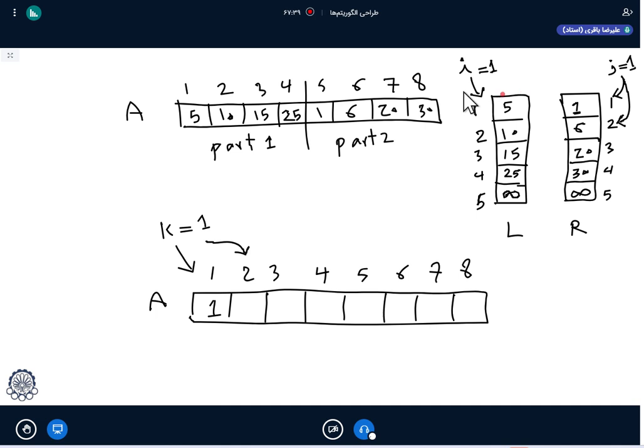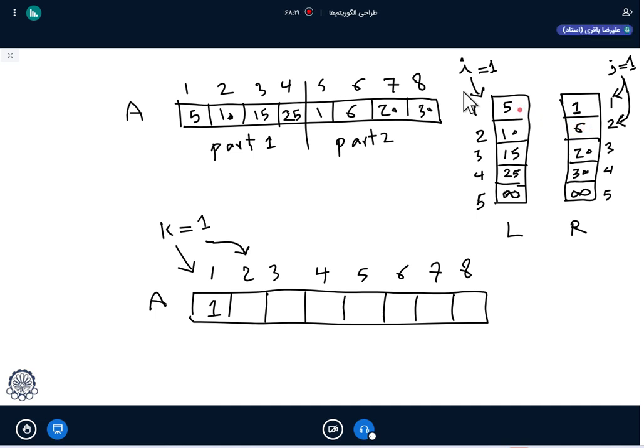Then we again compare the room of L of index I and the room in array R of index J. So at this step we compare 5 and 6. In the previous step we compared 5 and 1. 1 is minimum. 1 is copied to the array and the index of it is increased. Then we compare 5 and 6.